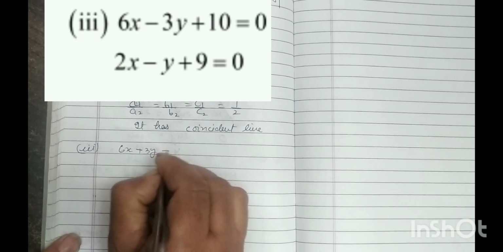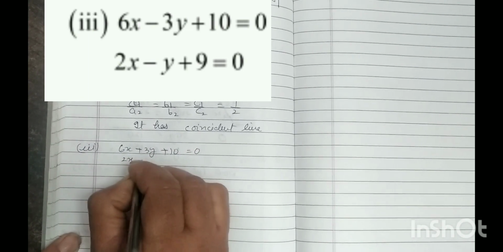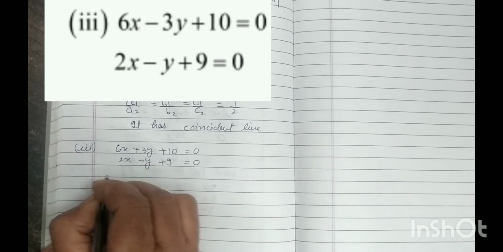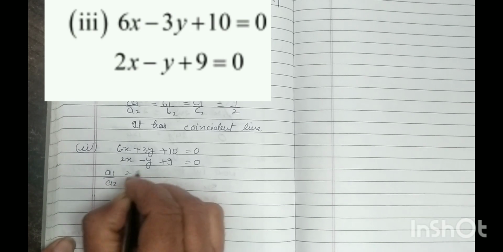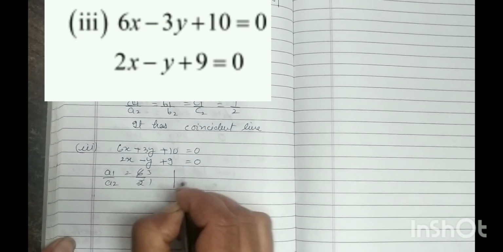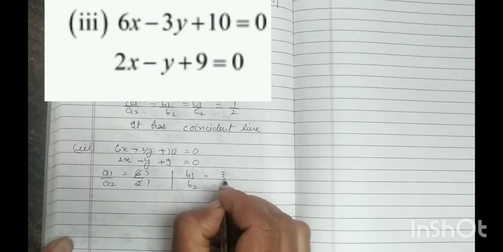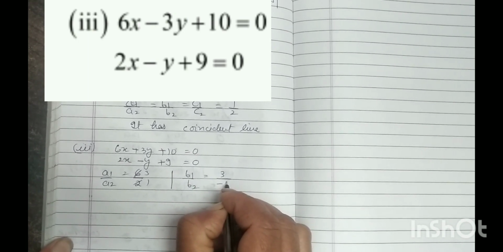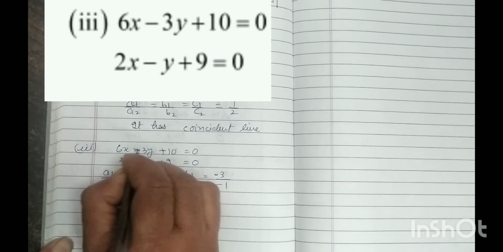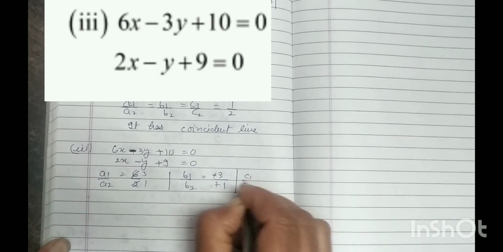6x plus 3y plus 10 equals 0. 2x minus y plus 9 equals 0. A1/A2 is 6/2, 2 1s are 2, 2 3s are 6. B1/B2 is 3/minus 1, there is a minus 3y, minus minus cancel.